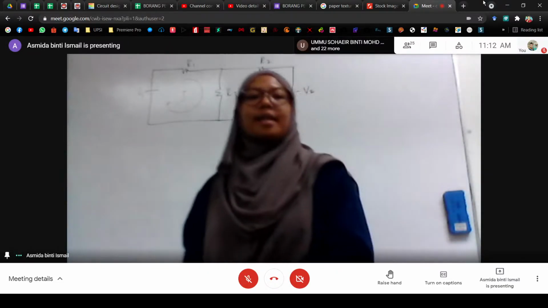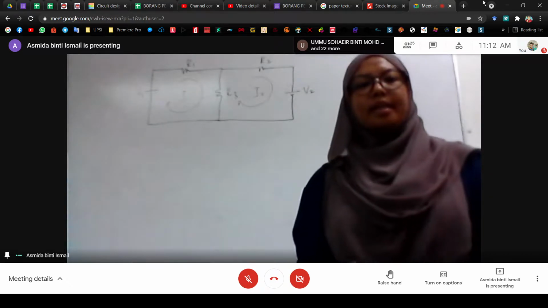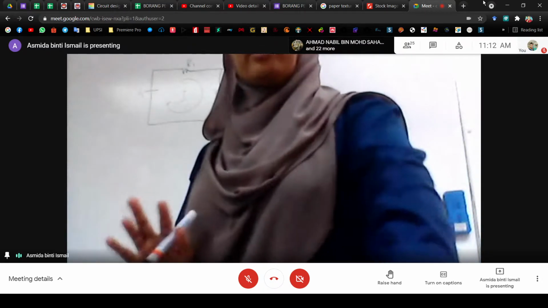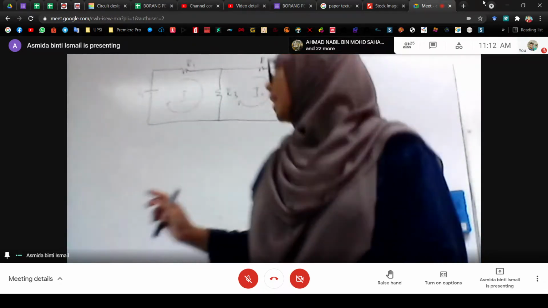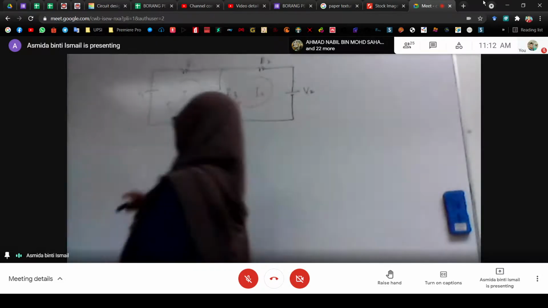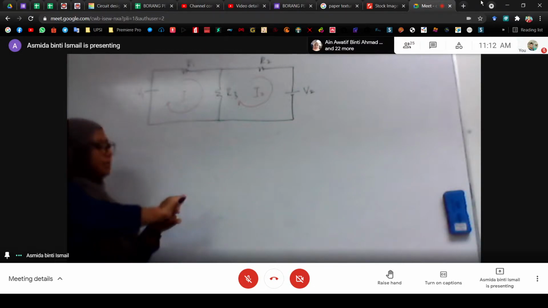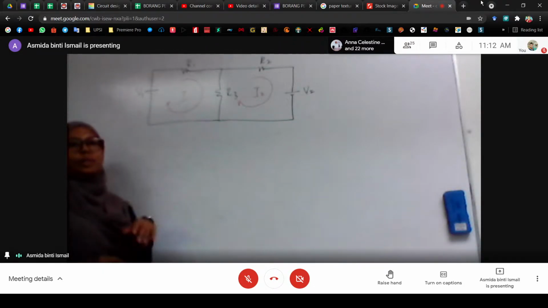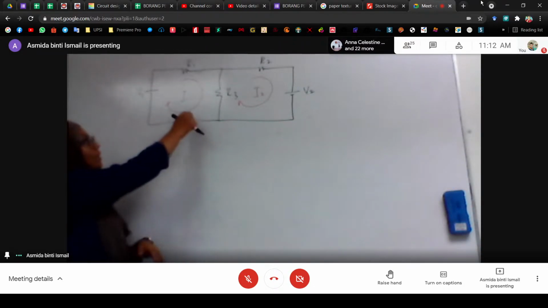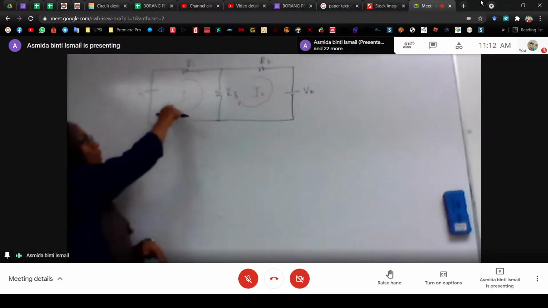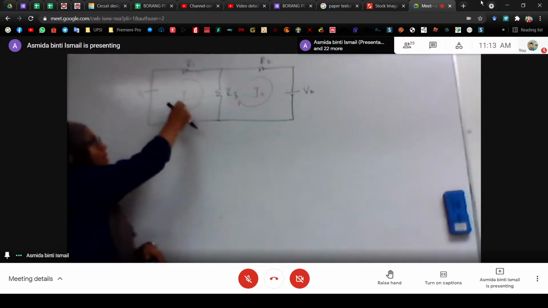Tak payah tengok your equation dekat your slide. I tell you how to find the equation. The first one, we look at the loop one. We call this loop one.